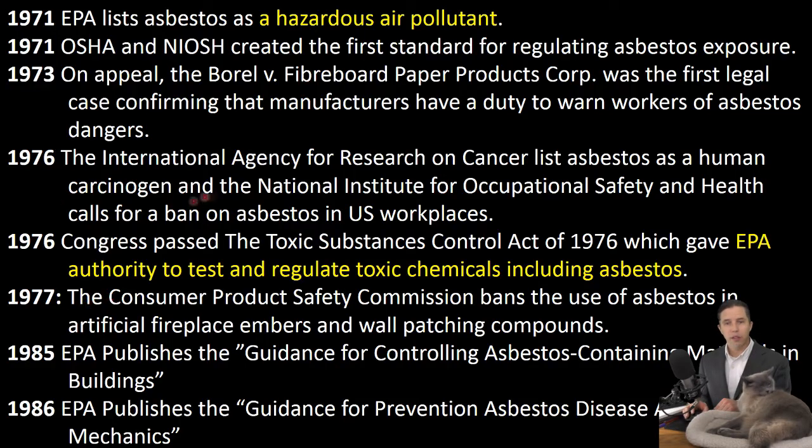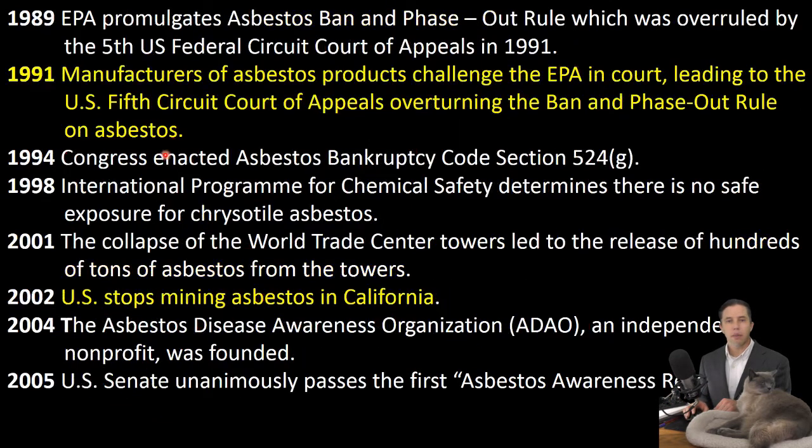And so let's see, there's a bunch of several things here. But as time goes on, there are more and more laws being passed regulating the use and the mining of asbestos. Now, in 1991, a bunch of manufacturers of asbestos got together and challenged the EPA, the Environmental Protection Agency, in court.